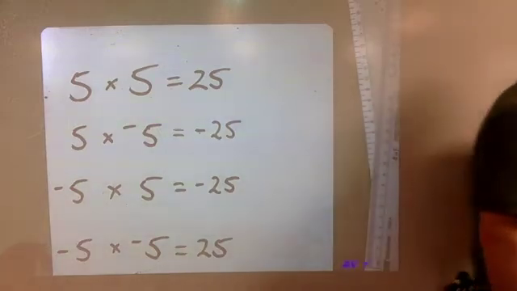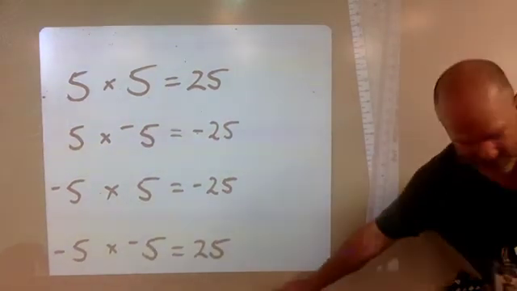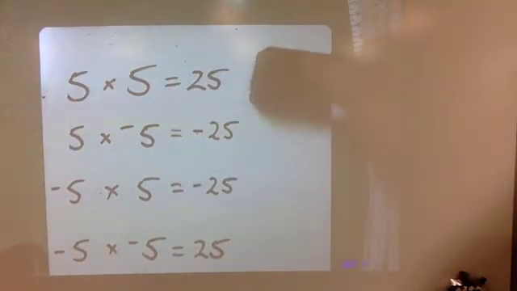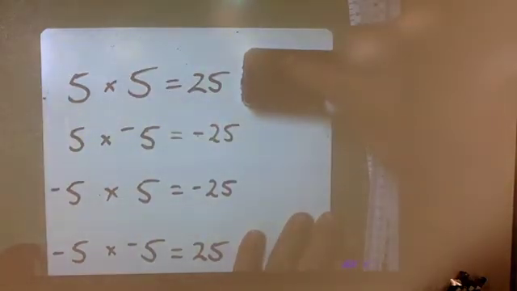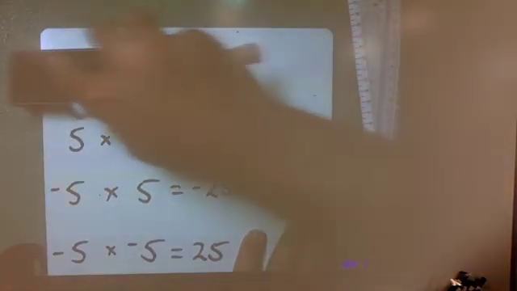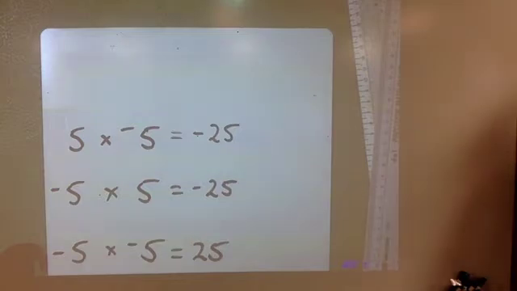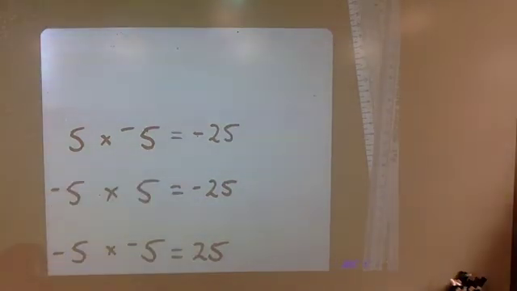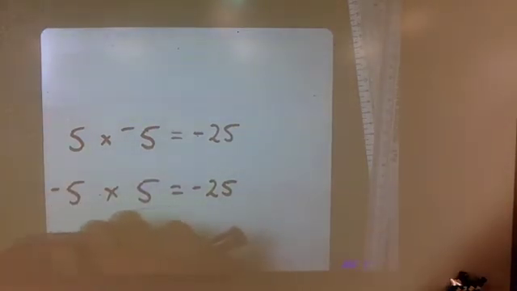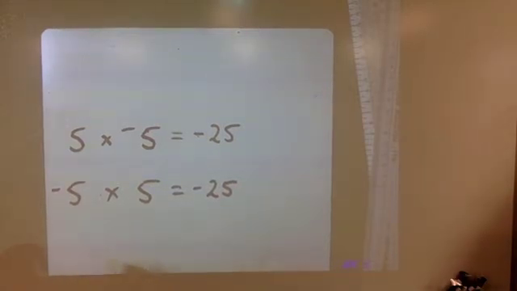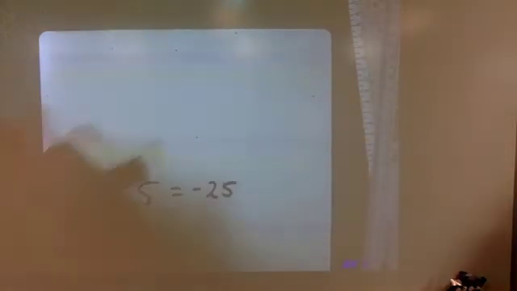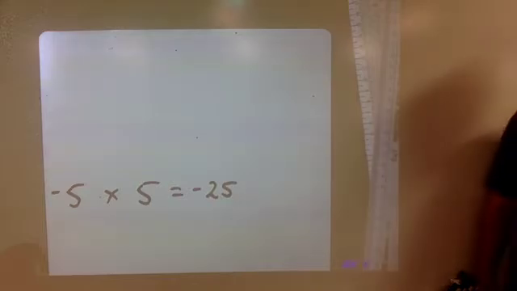So here's your analogy. You don't really need one for positive times positive. You just know that those are positive. Everything's positive. It's positive times positive. All right, when it's a negative times a positive, this is how I want you to think of it. I want you to look at this example right here. Negative 5 times 5.